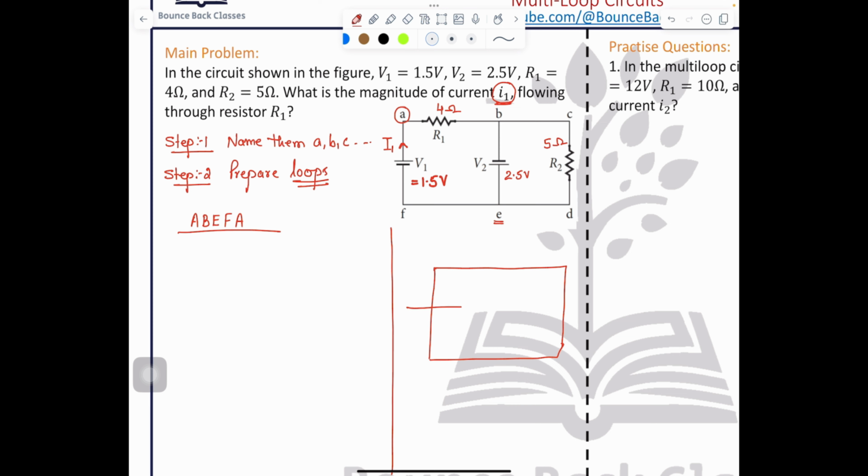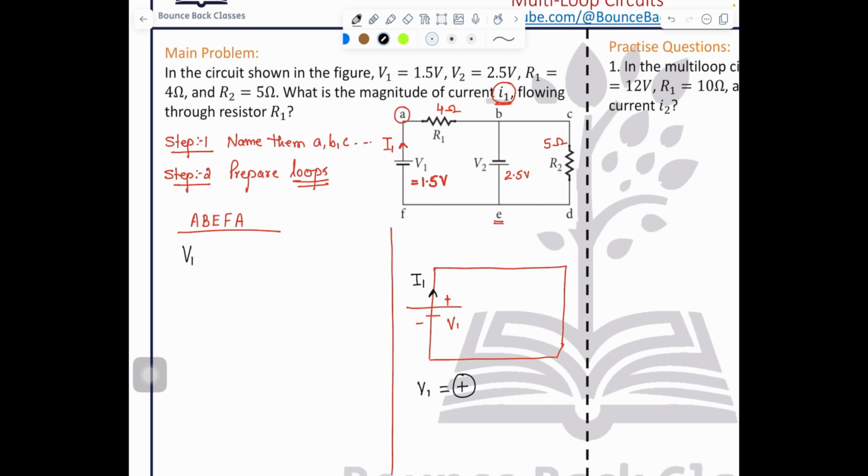First part, there is a voltage. This is your V1, this is your positive, this is your negative. You are starting from here. The current is going from here, I1. It means V1 is positive in nature. Yes or no? So can I say V1?